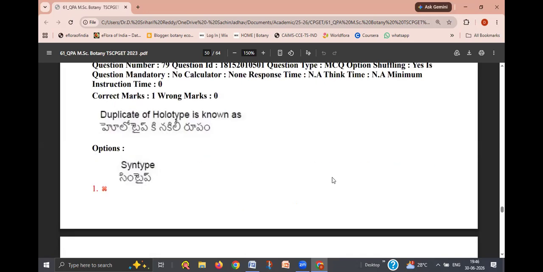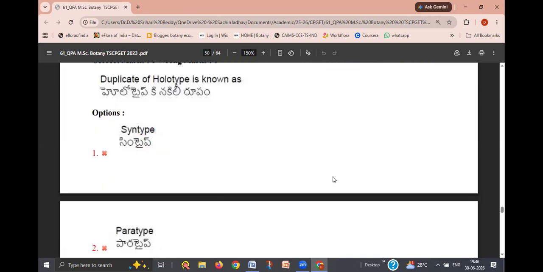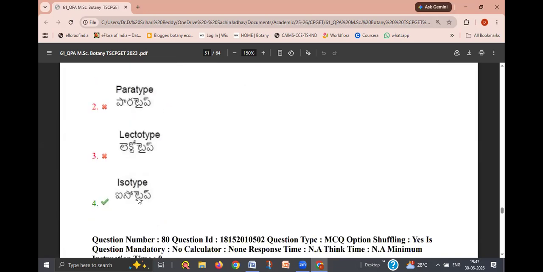Duplicate of holotype is known as, we already discussed the typification in taxonomy. We discussed the different types. The holotype is the original specimen which is described by the author. But what is the duplicate of the holotype? That is the isotype.